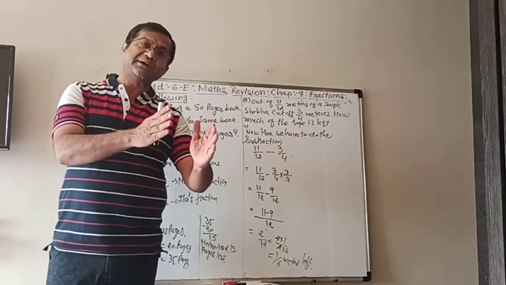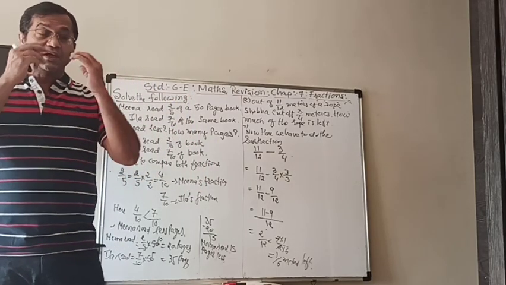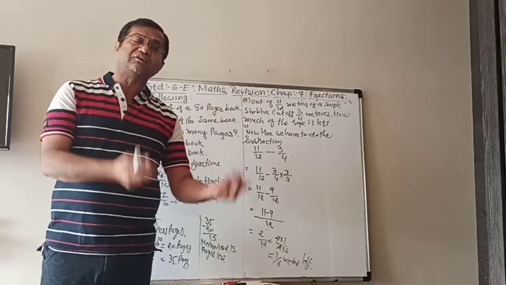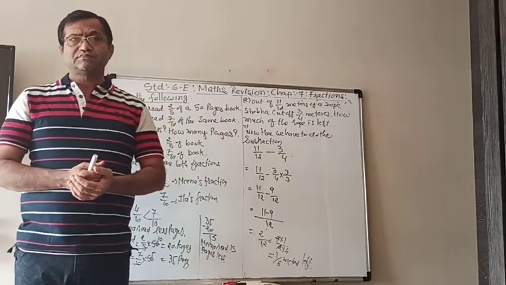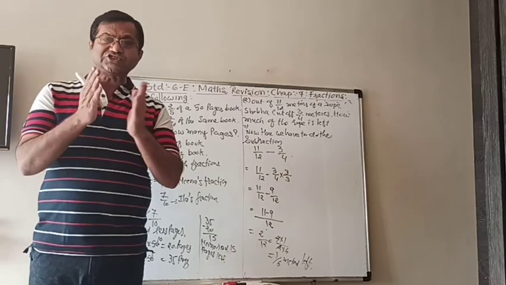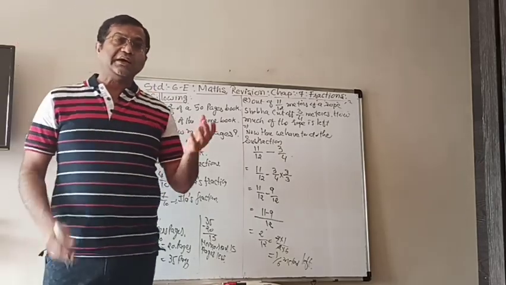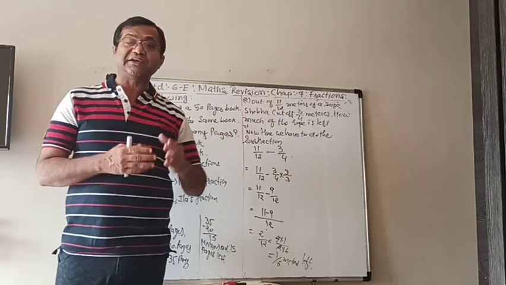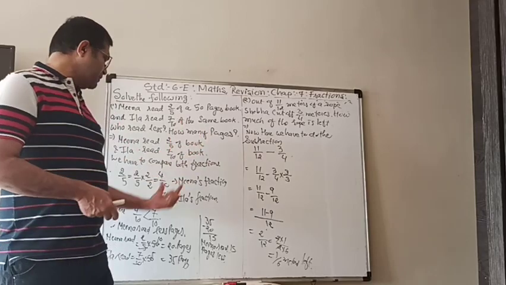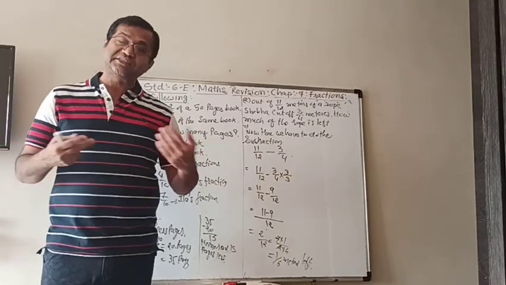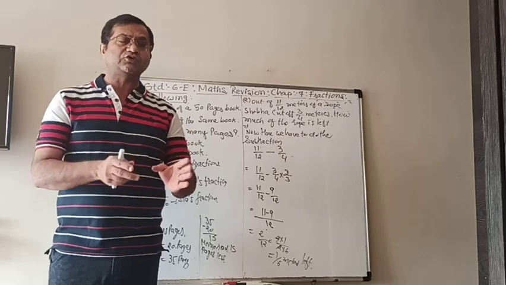Then if the numbers are given as mixed fractions, first we have to convert them into improper fractions, and then each fraction must be converted into like fractions by finding their equivalent fractions, such that the denominators will be the same, and then perform addition or subtraction, whatever is there.